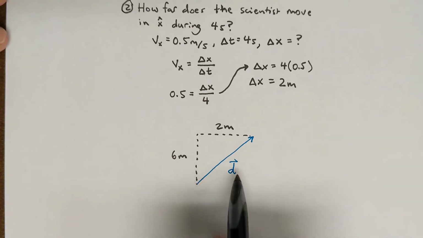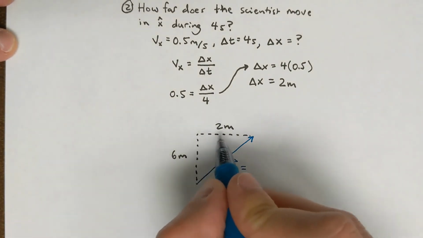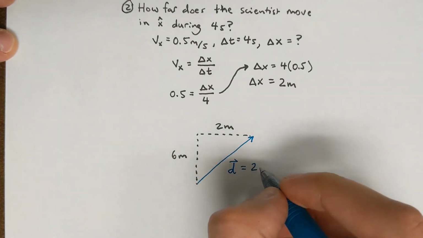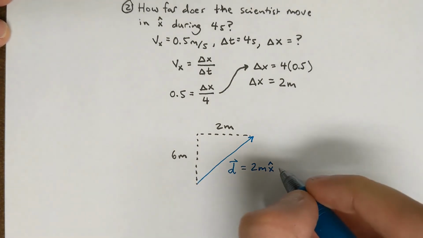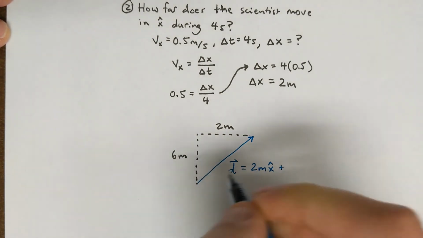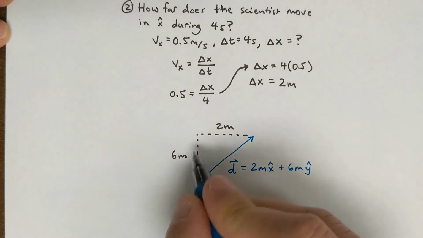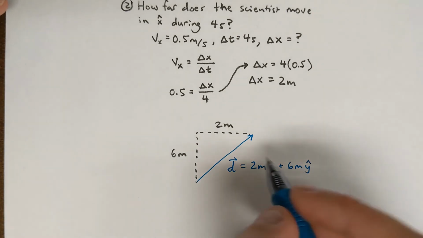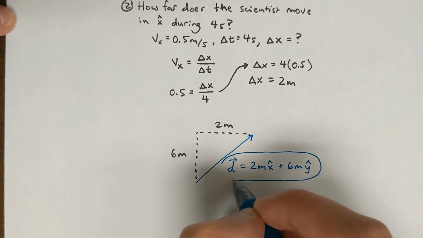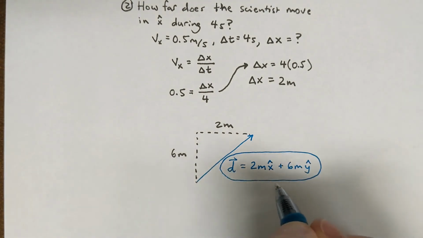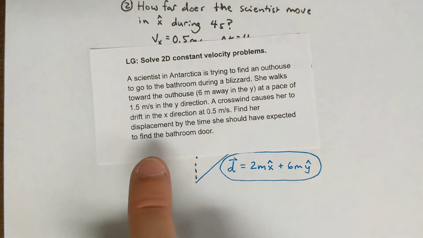So let's write down the displacement vector. The displacement vector is 2 meters in the x direction, that's the x component of the displacement, plus 6 meters in the y direction, that's the y component of the displacement. And this is our final answer: the displacement of the scientist is 2 meters in the x direction and 6 meters in the y direction by the time that she should have expected to find the bathroom door.